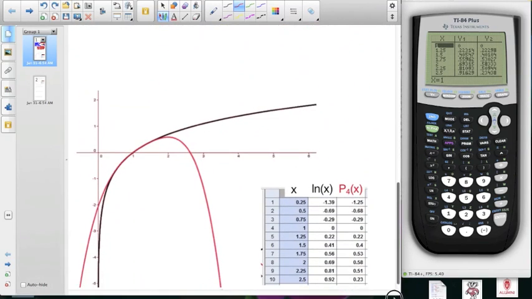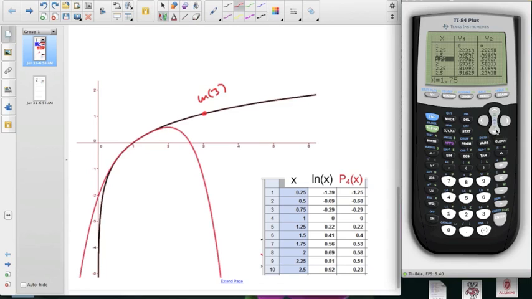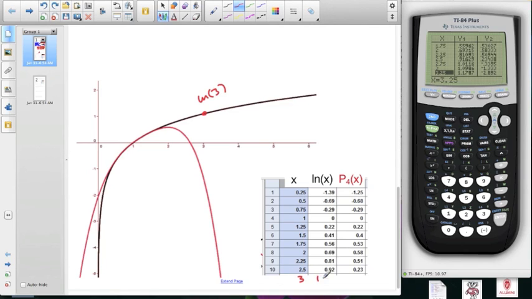So if we take a look at that, here's a close-up value of that. If we take a look at that P3, that natural log of 3, we can see that the natural log of 3 is 1.0986, whereas the polynomial approximation is negative 2.892.